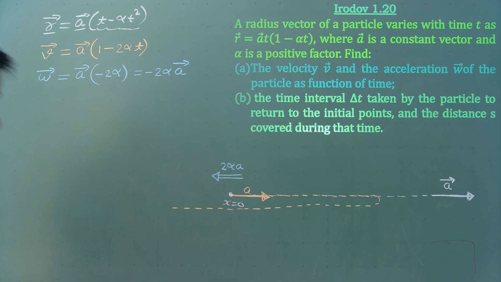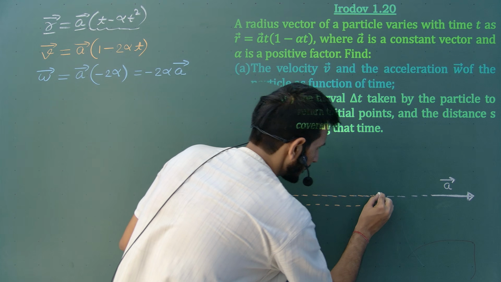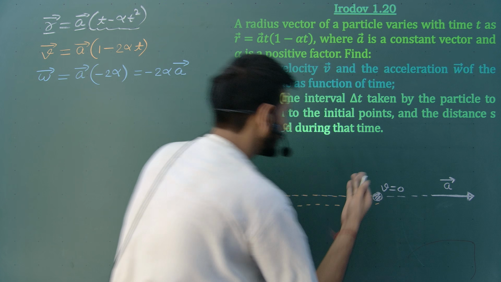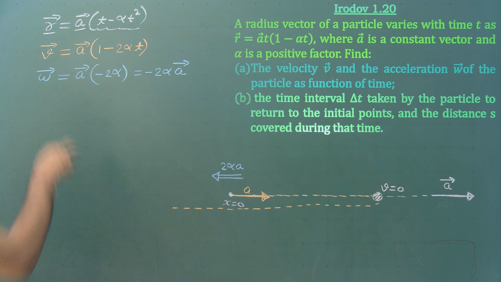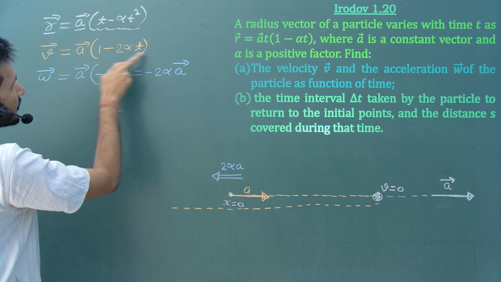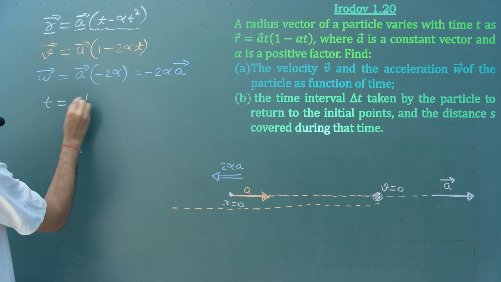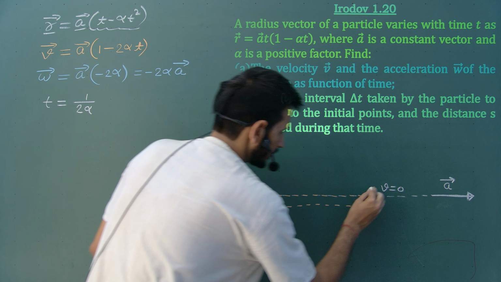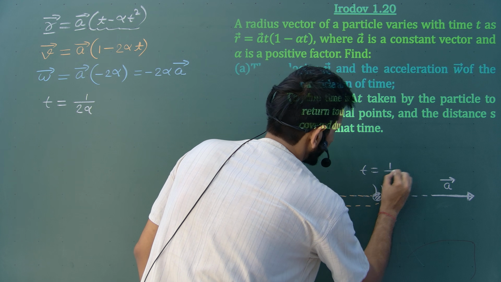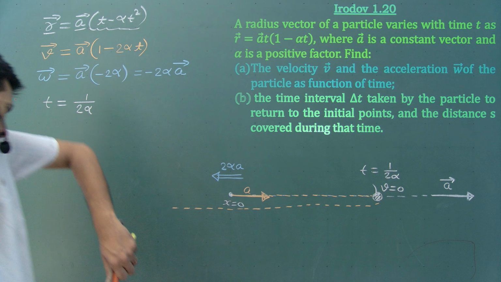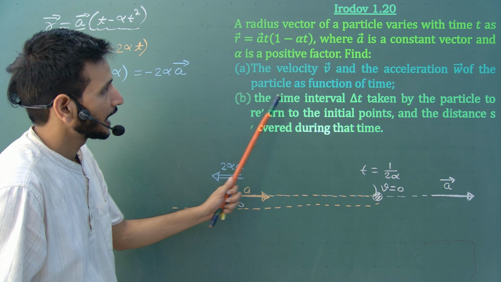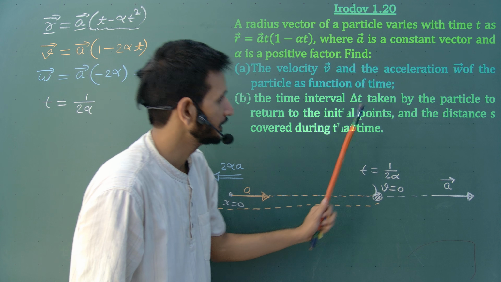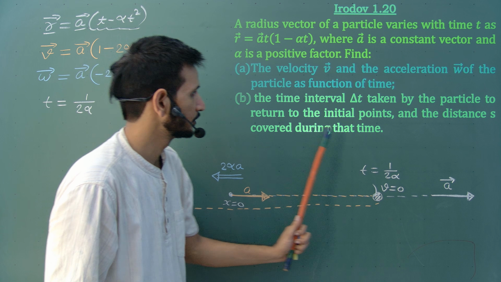Now, this is the position when velocity becomes 0. We can calculate the time. When v becomes 0, this part becomes 0. So, the time is 1 divided by 2 alpha. Now, I have to calculate the time interval delta t taken by the particle to return to the initial point and the distance s covered during that time.